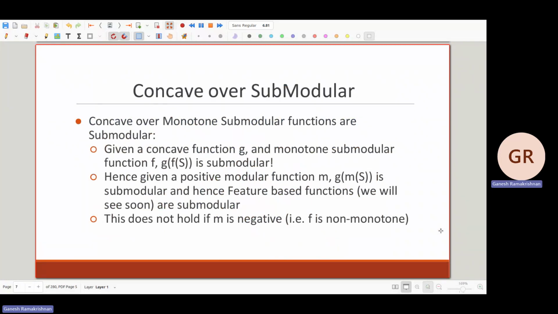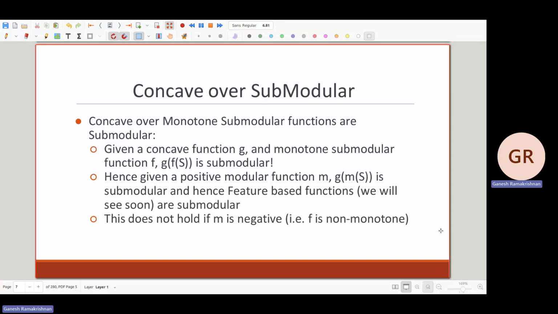I take a function like this and I put a concave function on it. Square root is a concave function, which means diminishing returns. I take a modular function and apply a concave function, which gives diminishing returns.